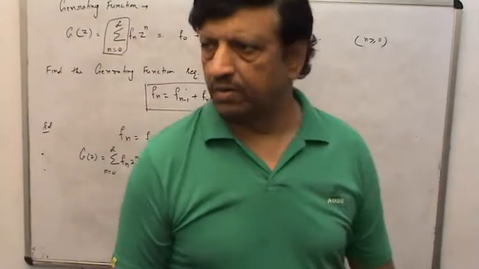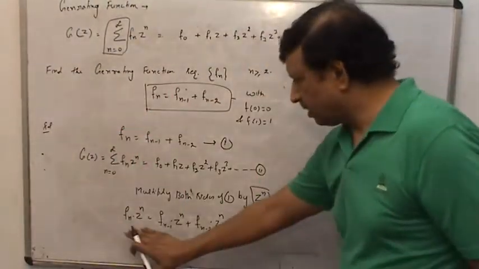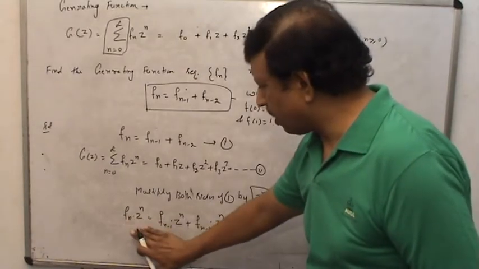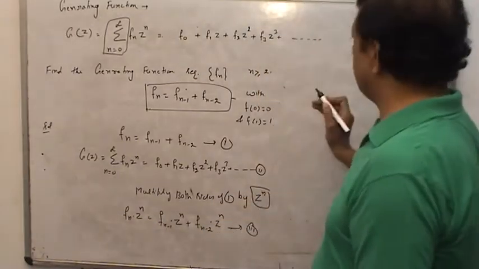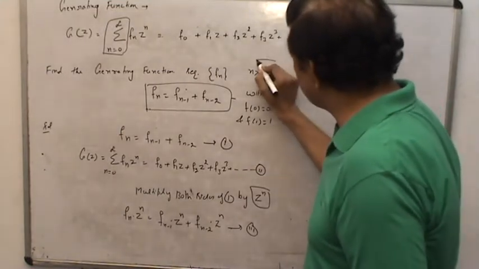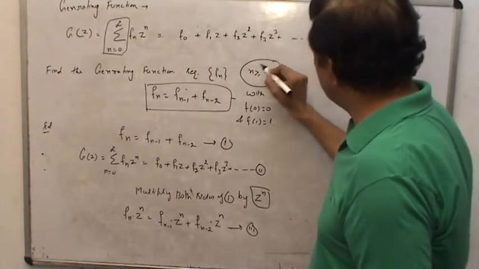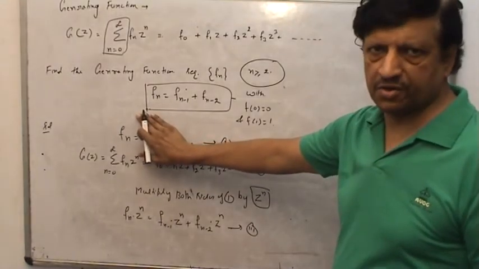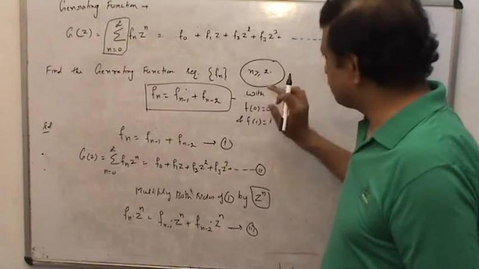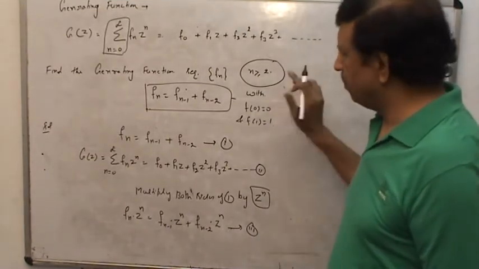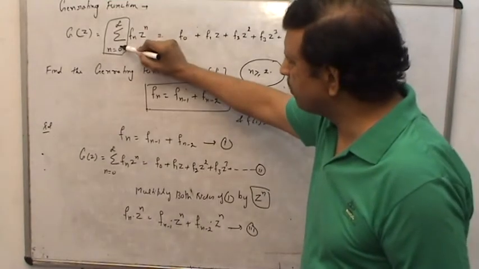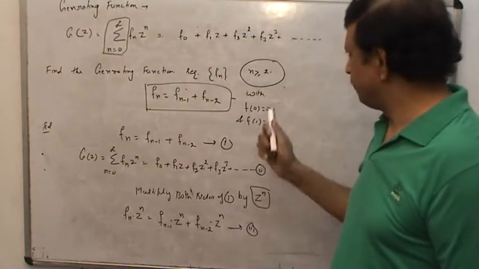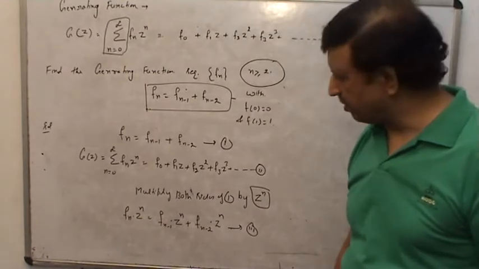After that, we consider the given values of n. Here, which are the given values of n? For that, it is the most important point for this recurrence relation. n is greater than or equal to 2. But for the generating function, we consider from 0 to infinity. Here n is greater than or equal to 2.